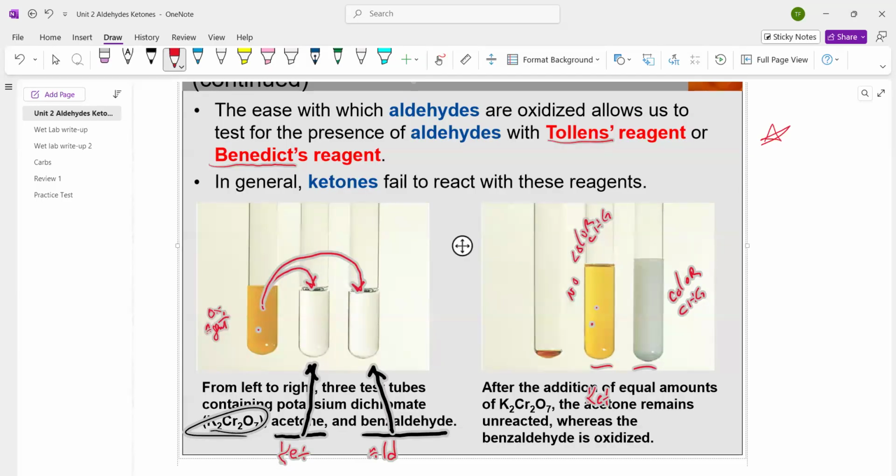When we put the oxidizing agent into each one of these, there's no color change in the middle, which means the ketone was not oxidized, and there was a color change with the aldehyde. So no color change, color change. That means the oxidizing agent is reduced. And when it's reduced, it changes color.